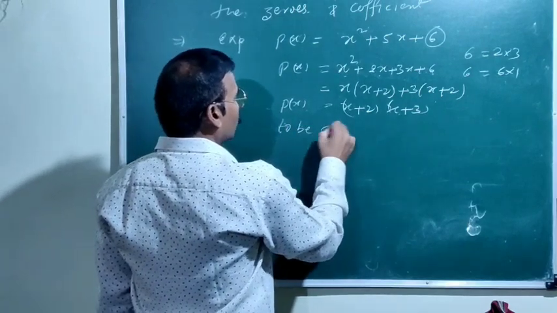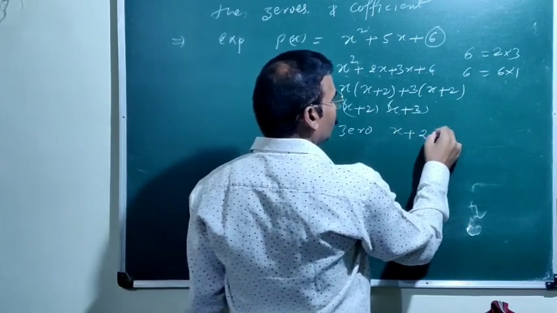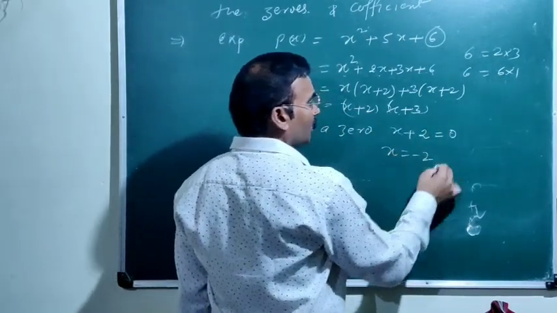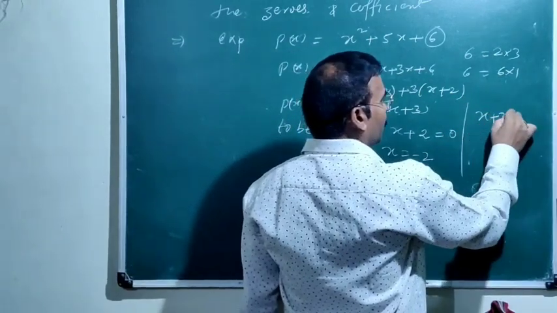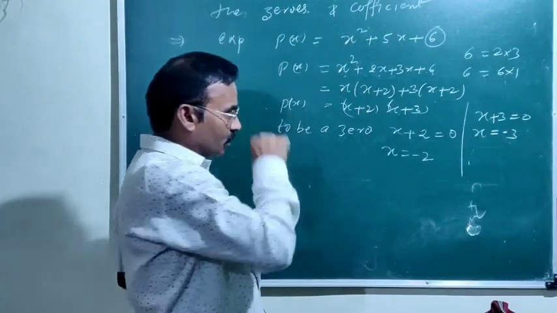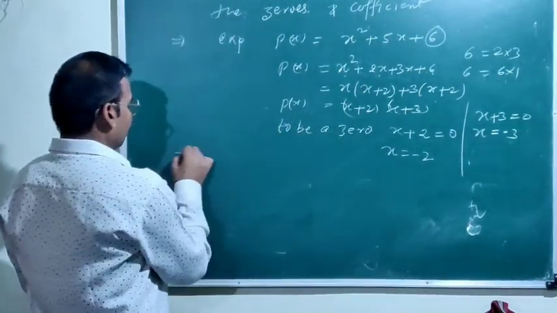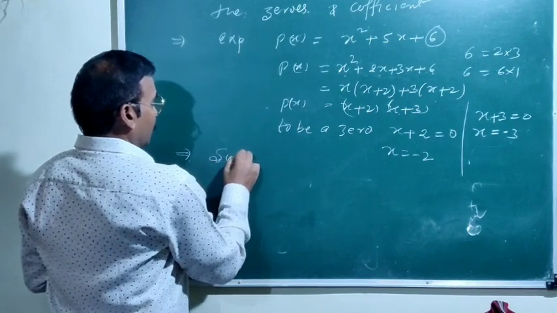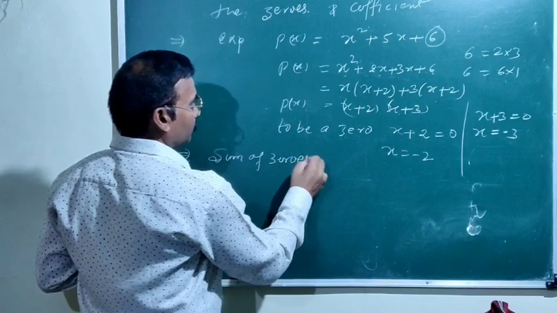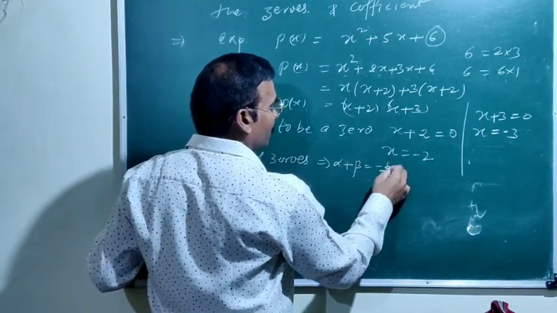For p(x) to be 0, x plus 2 equals 0, so x equals minus 2, and x plus 3 equals 0, so x equals minus 3. So there are two zeros, minus 2 and minus 3. Now come to the relationship. Sum of zeros, alpha plus beta, equals minus b upon a.